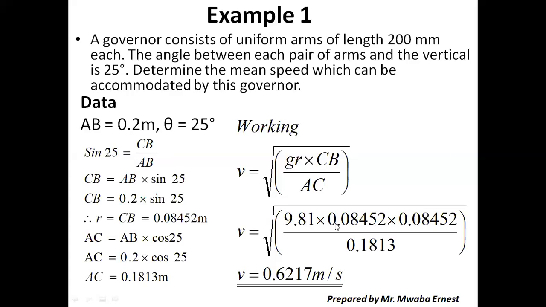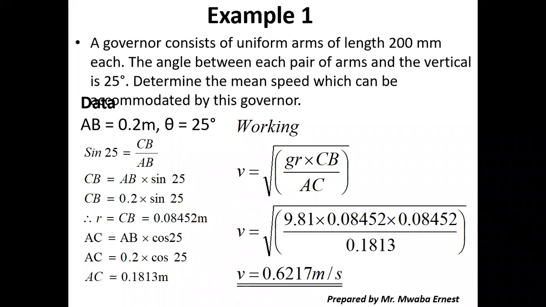Multiply that by this R. And R and CB are the same, so that's why there's this repeat here. Divide by AC, and that's our AC. When you compute this in your calculator, and then get to the square root, that's what you find. So that is our mean engine speed for this governor.